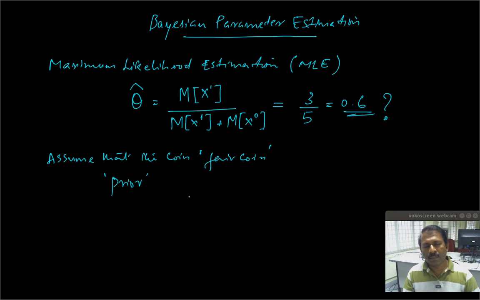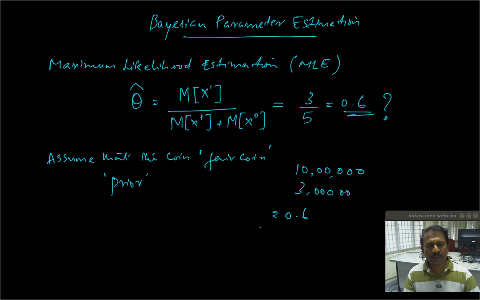But suppose that you have done this experiment 10 lakh times, and let's say we got head 3 lakh times. So again it is 0.3.